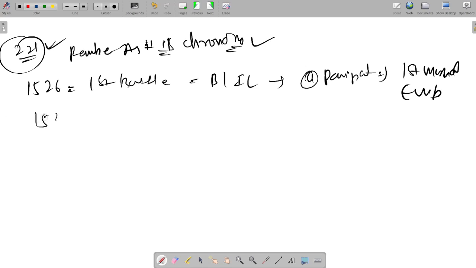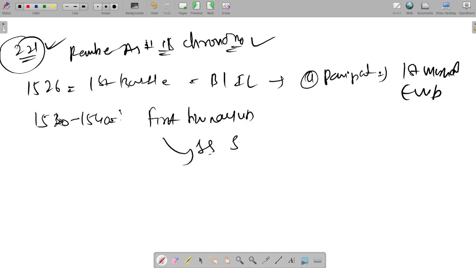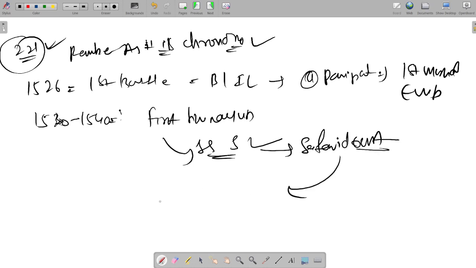From 1530 to 1540 was the first phase of Humayun, till he was defeated by Sher Shah Suri and went into exile at the Safavid court. Humayun regained his territory in 1555-56, but a year after, he died.